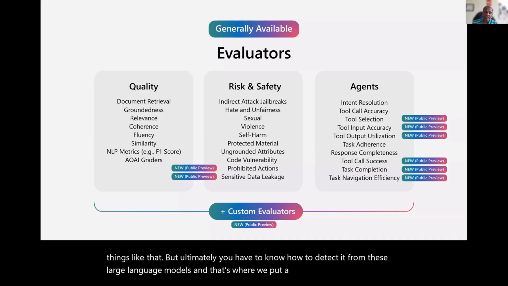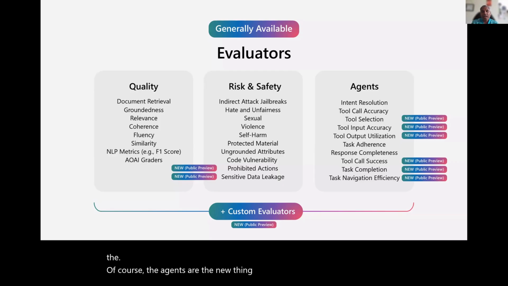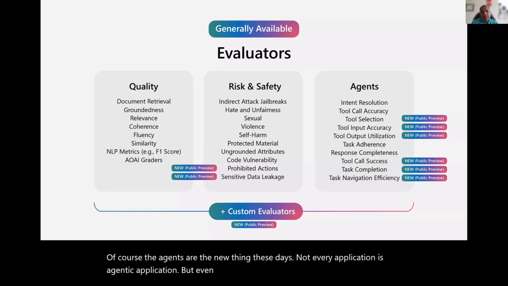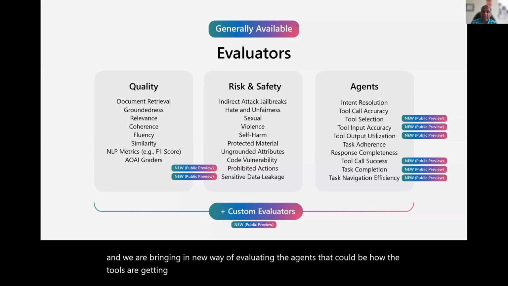And then comes the agents. Of course, the agents are the new thing these days. Not every application is an agentic application, but even though everybody wants to use agents, you can. And we are bringing in a new way of evaluating the agents. That could be how the tools are getting selected, how the model is calling the tools, how accurate that is, how the input accuracy is, how it is figuring out the tools in the right way or not.